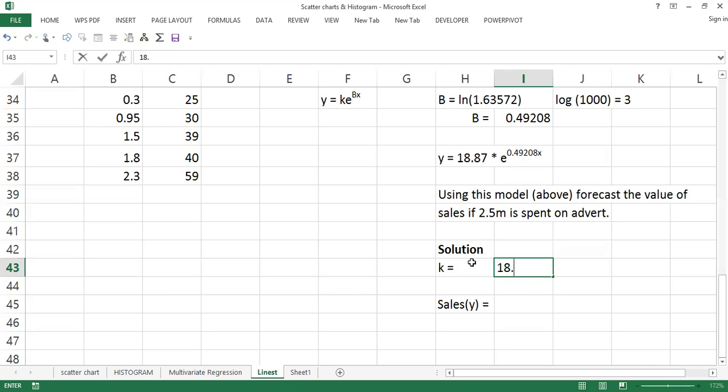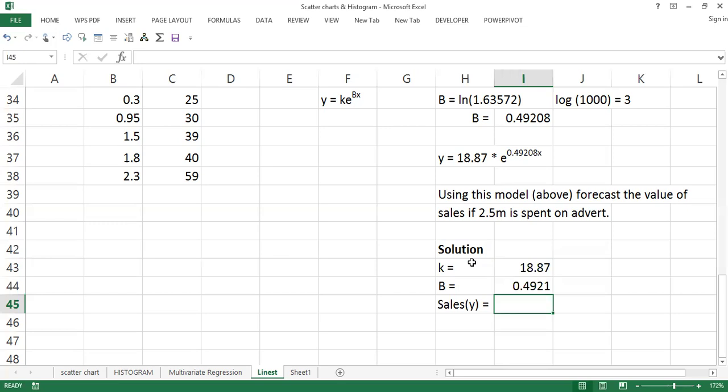So what about B? B is what? 0.4921. So now it's easier to get y.